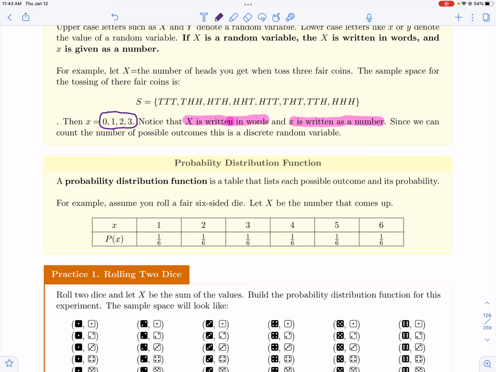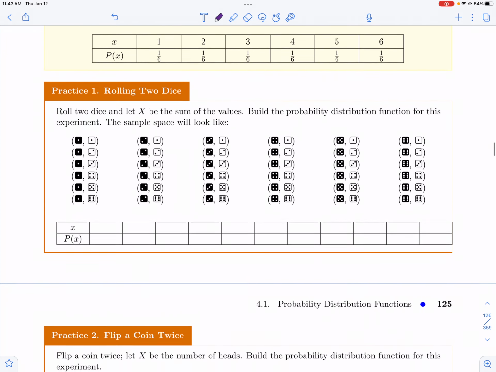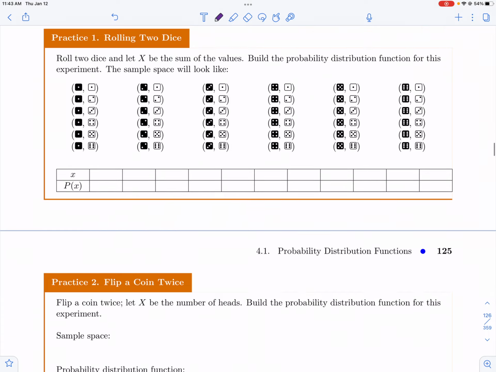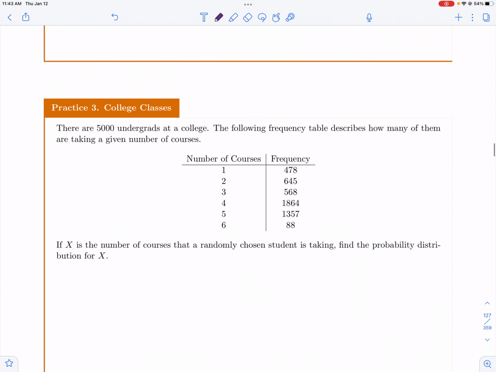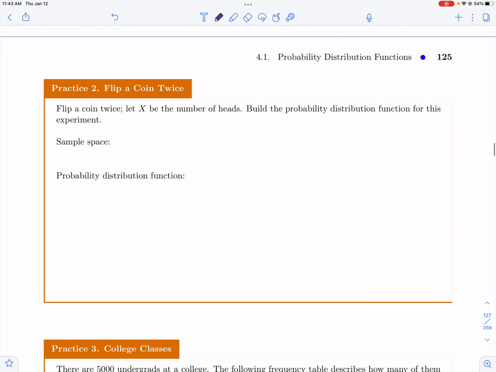And since a die has an equally likely chance of occurring for each one, we just end up with 1/6, 1/6, 1/6 for each and every one of them. And then from here, we're going to be able to do some stuff with it. But this is just a setup of what a probability distribution function looks like. All right, so I'm going to help you set up practice 1. And then I'm going to let you work on practice 2 and practice 3 on your own, just to make sure you've got the hang of it.